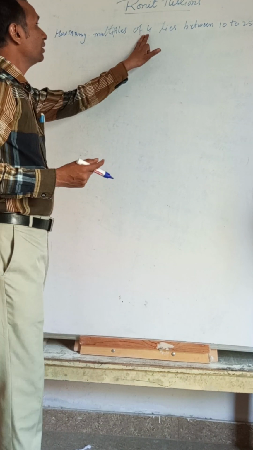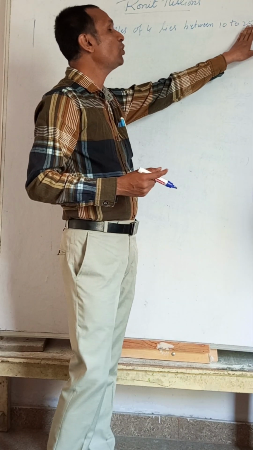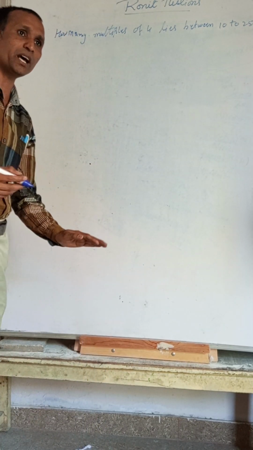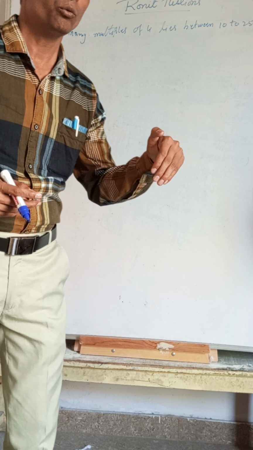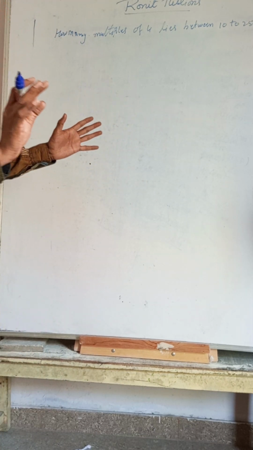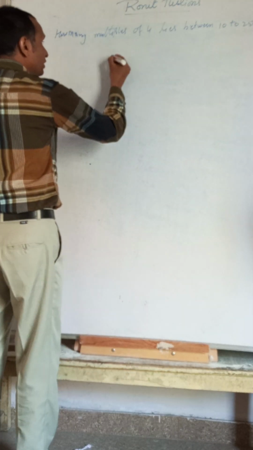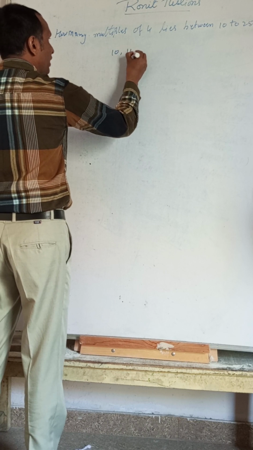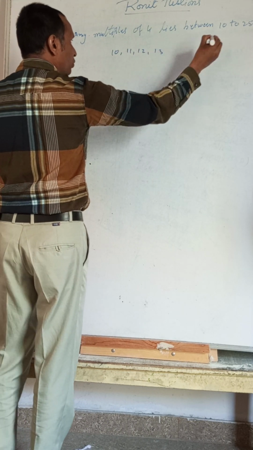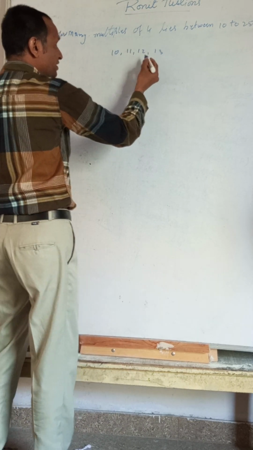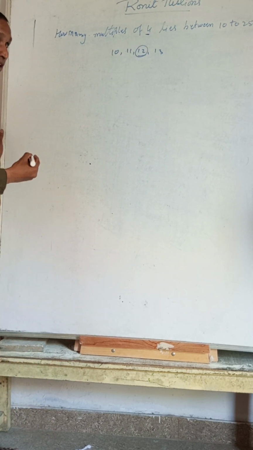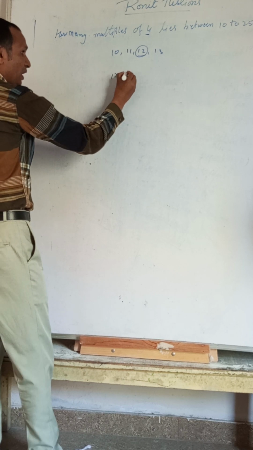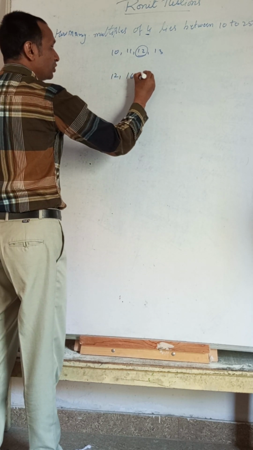So first, multiples of 4 between 10 and 250 means the number is more than 10 but less than 250, which comes in the 4 table. First we write it like this: 10, 11, 12, 13, up to 250. Which is the first number that is a multiple of 4? 12. Second will be 16. Third will be 20.